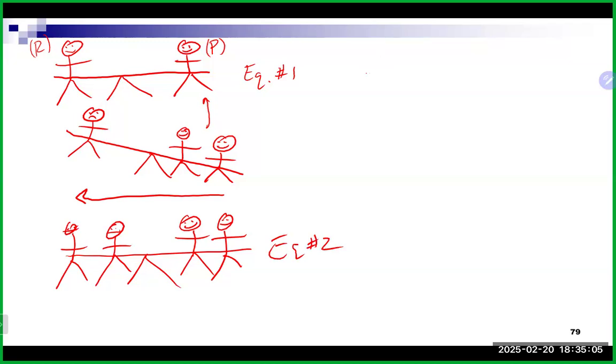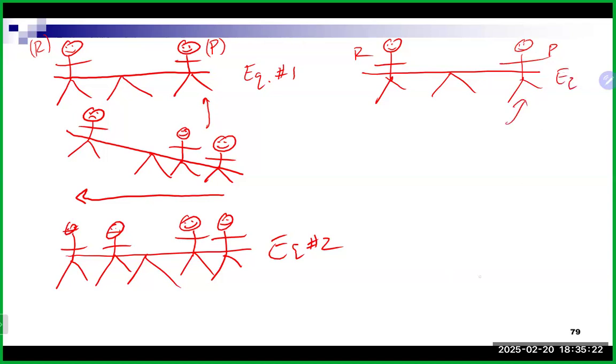Now, if again we started with the same sort of deal here. Our guy on the left is our reactants. Guy on the right is our products. And let's just say, for example, we are at equilibrium here. This guy decides, I've had enough, I'm just going to hop off. And he hops off. We're going to end up with this situation here.